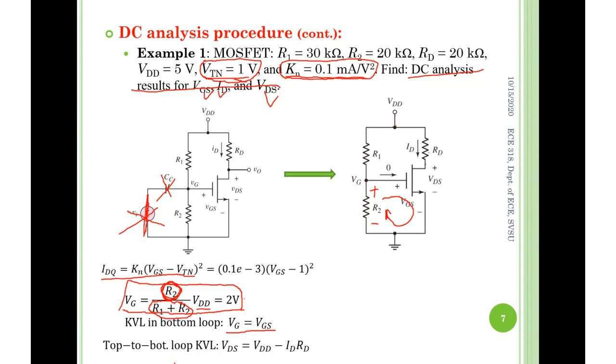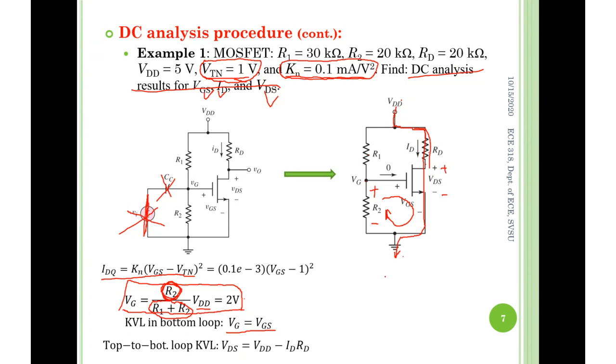The last one is the top to bottom KVL. Be careful. This means the path from here, the VDD top goes through RD, VDS and all the way down to the bottom, which is ground. So VDD minus 0 is equal to the current through RD times RD plus the voltage drop between drain and the source.